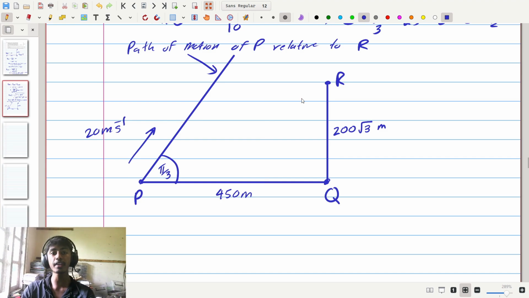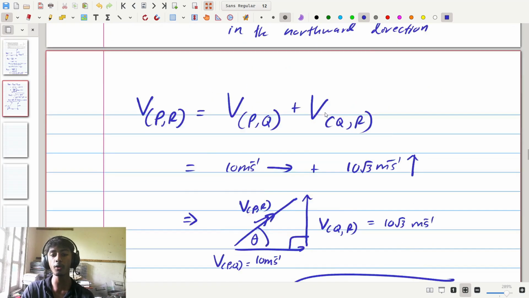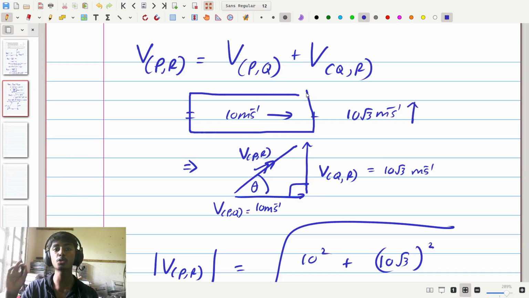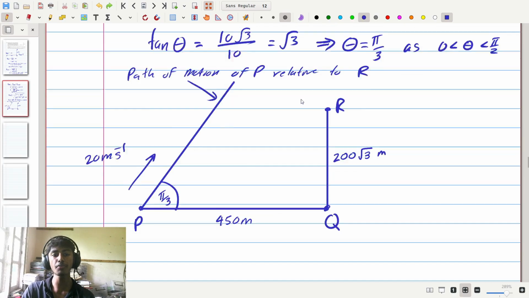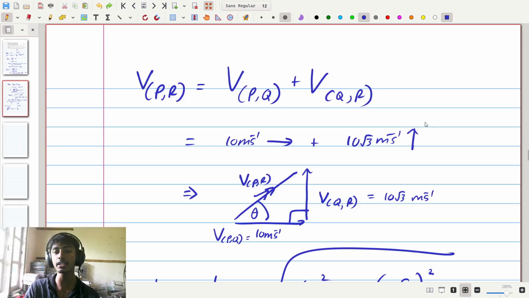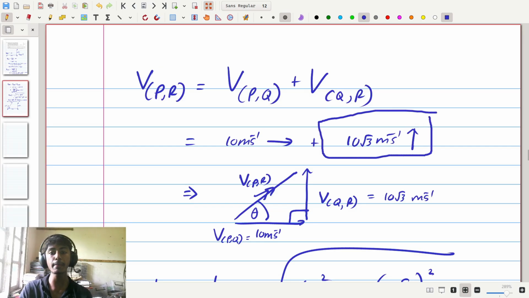Doing so, we can see in 20 seconds, horizontally, our boat P has to move by 10 meters a second times 20 seconds or 200 meters. So the point at which we have to find the distance is going to be 200 meters eastward of the current position of the boat P. Similarly, if we consider vertical movement, we have 10 root 3 meters a second times 20 seconds or 200 root 3 meters.